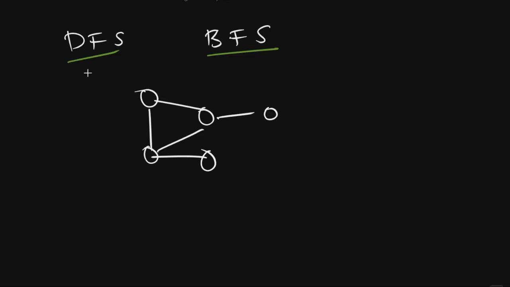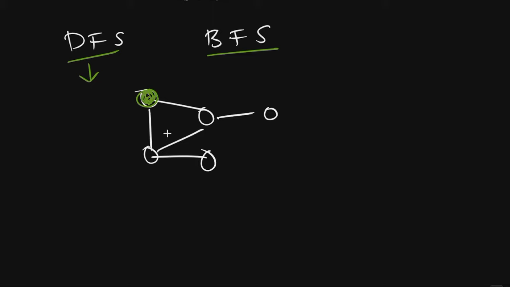Starting with DFS, what does DFS say? As the name suggests, depth first search. So basically we have to go to the depth of any node, and if there is no other way, we have to backtrack and choose the other path. Assuming this graph, let's say we start with this node.